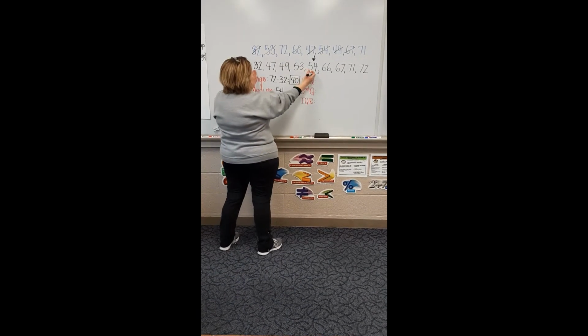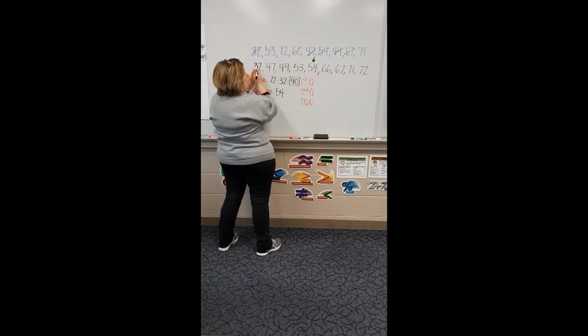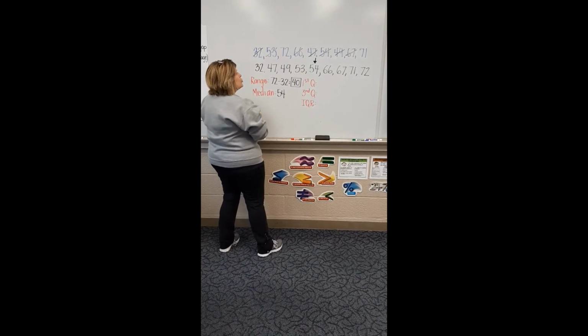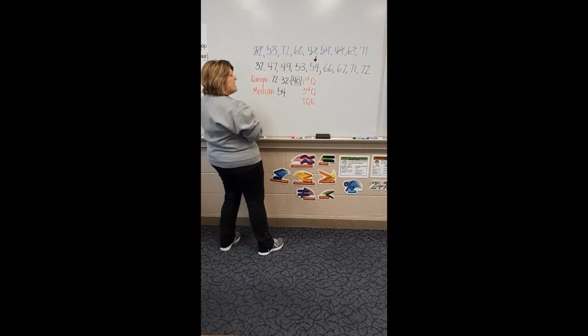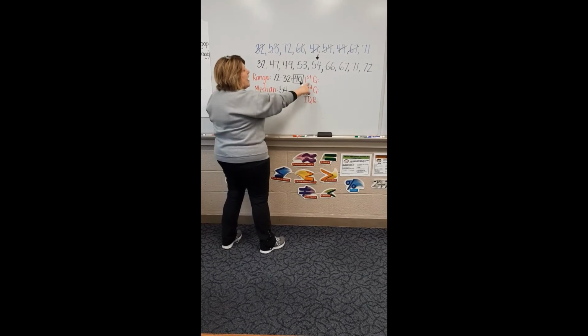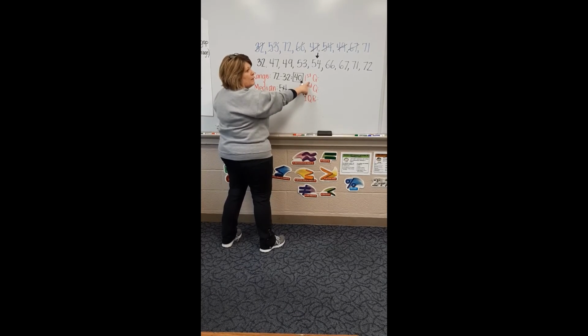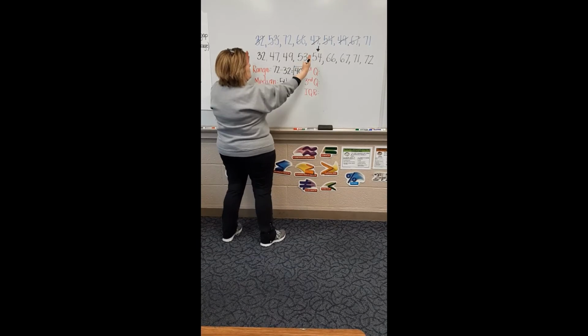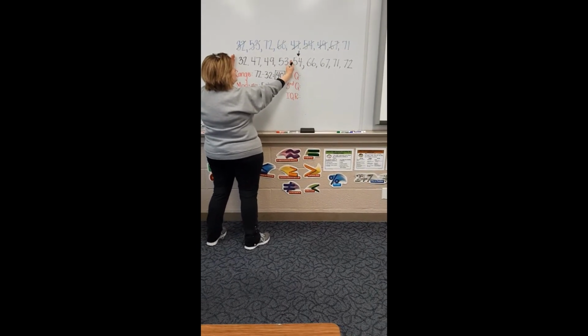So if I want to find the first quarter, I'm just going to chop the first half of the game in half. So we're really going to find the median of the first half. That's our first quartile.